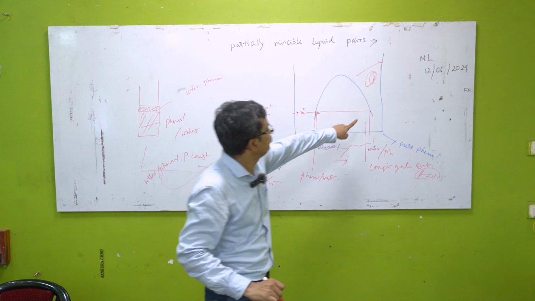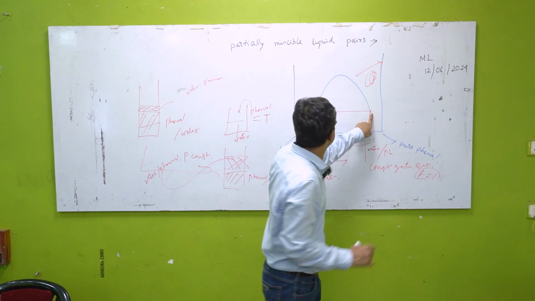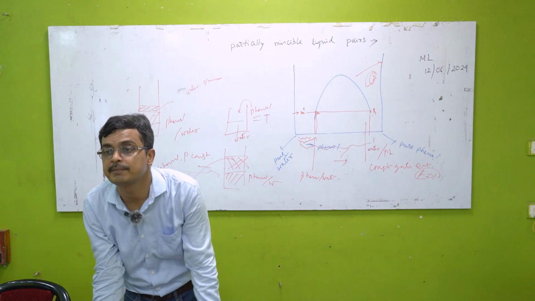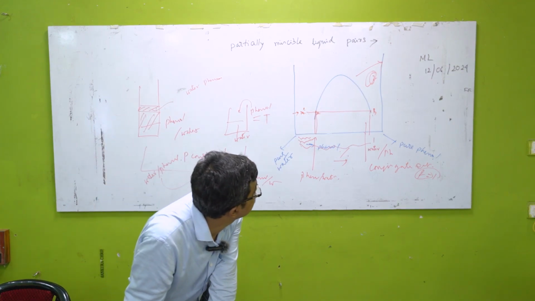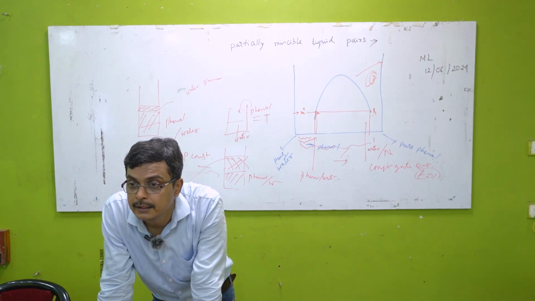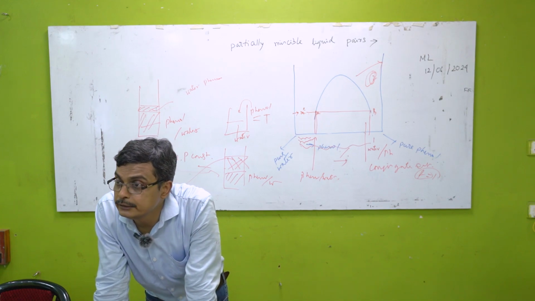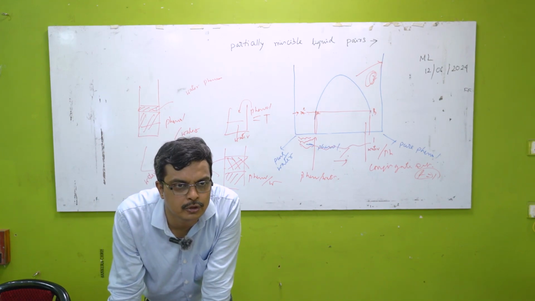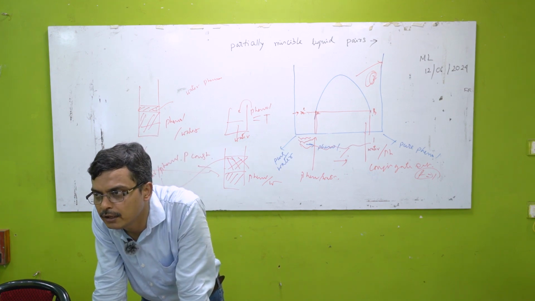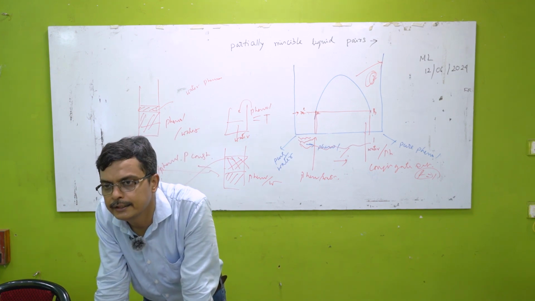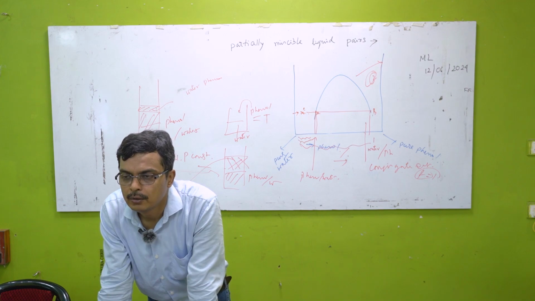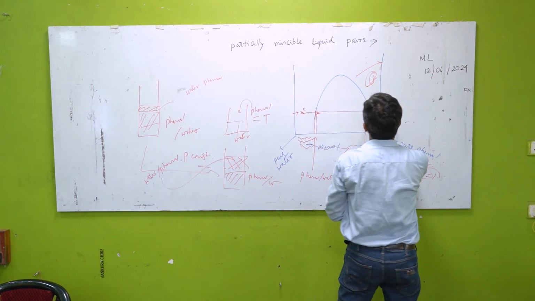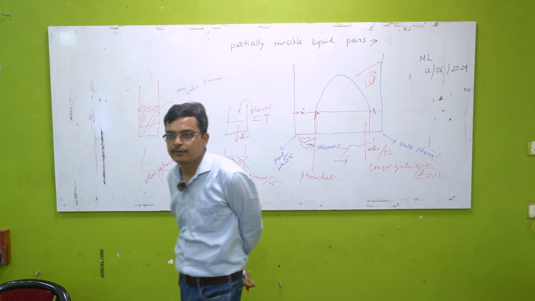What happens when you reach this state, suppose B? You find a saturated solution of water in phenol and a trace amount of saturated solution of phenol in water, and as you go on adding phenol, you get an unsaturated solution of water in phenol.